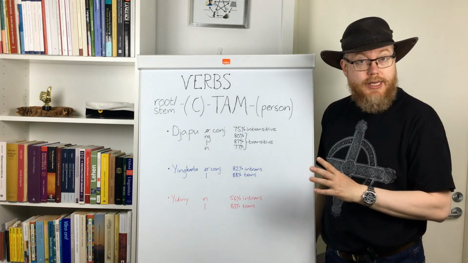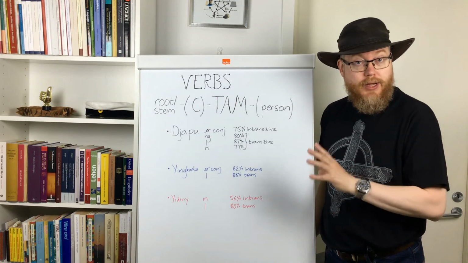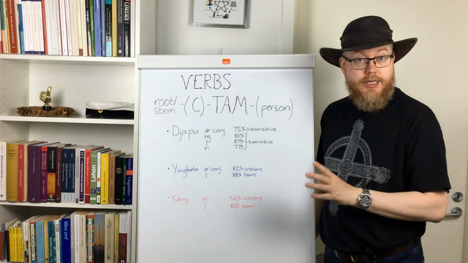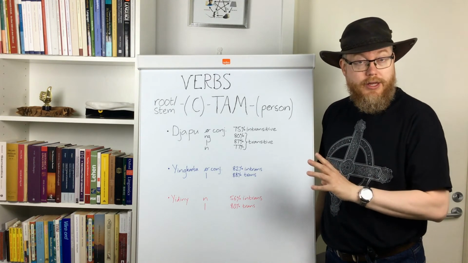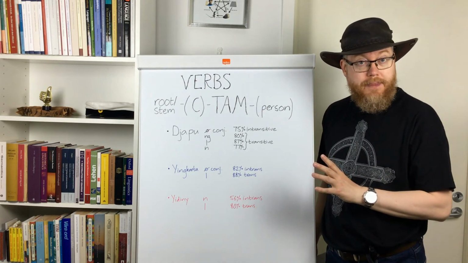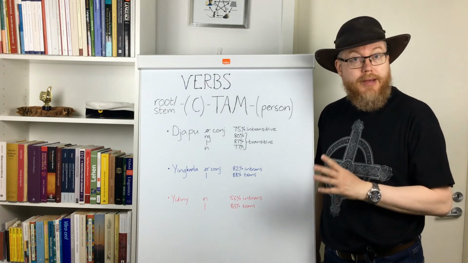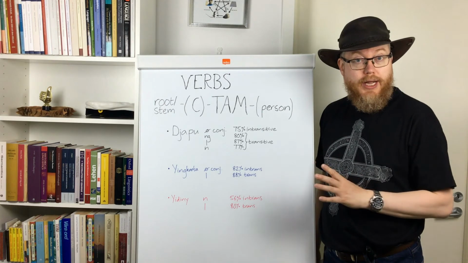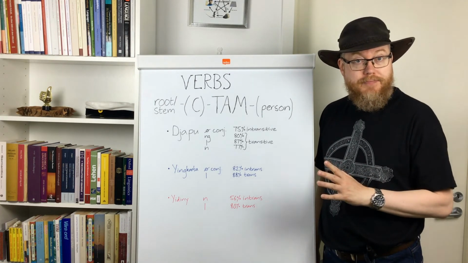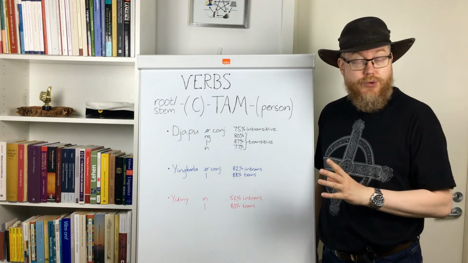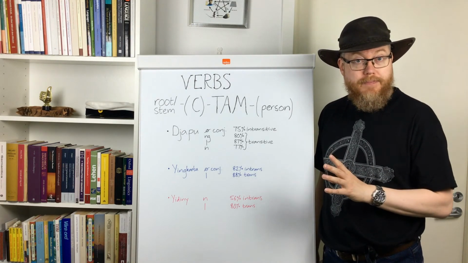And the answer is that yes, there is a correlation, but usually it's a statistical one rather than an absolute one. By the way, in this context, I should probably mention that Australian Aboriginal languages usually have a few, but only a few ditransitive verbs.